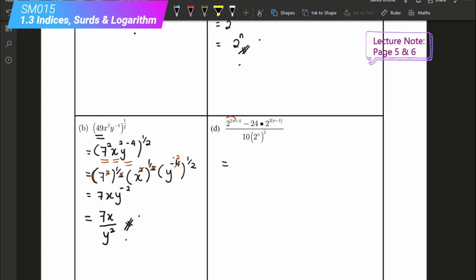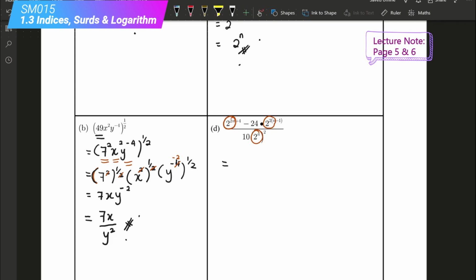We know that there is 2 to the power of 2, and here also we have the same kind of thing, 2 to the power of n. And 2 to the power of 2n as well here. So the idea is we need to simplify it in the power of 2 to the power of 2n. Try to simplify first.